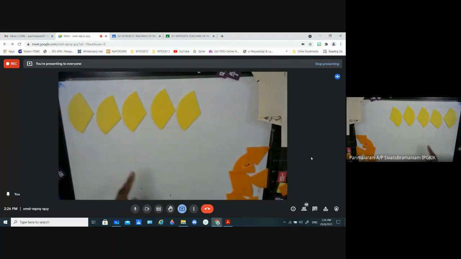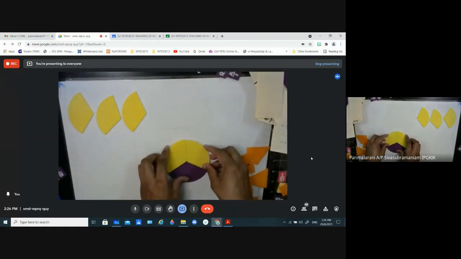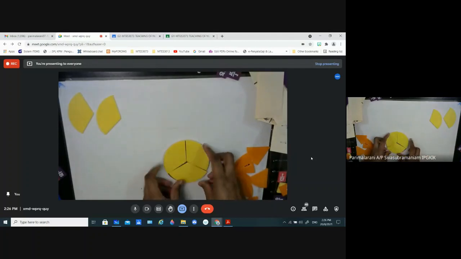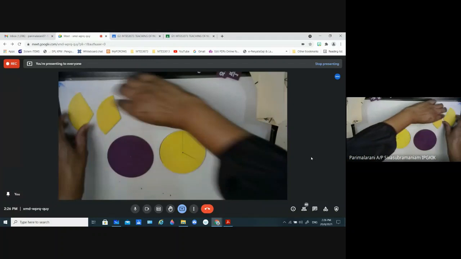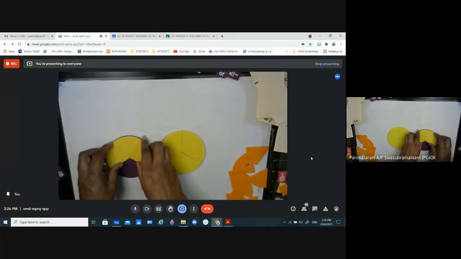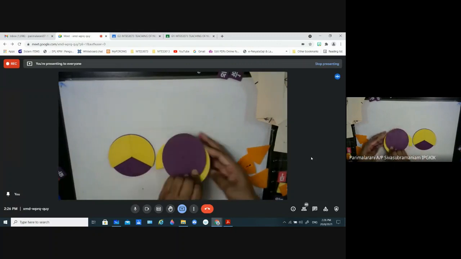And you want to convert this into a mixed number. What you have to do is join the parts until they become a whole. So this is one whole already. Then we take these two parts and put them together. This is a mixed number already.